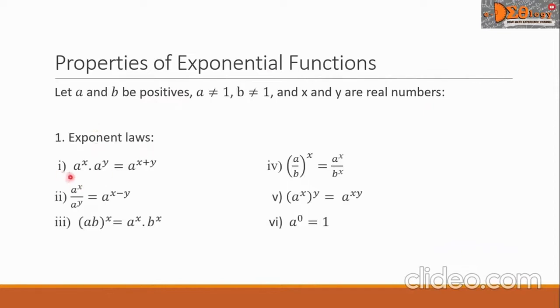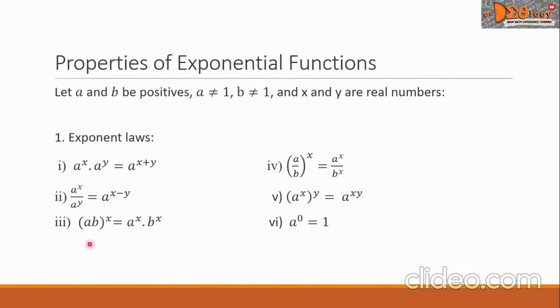Property number 1: a raised to x times a raised to y equals a raised to the sum of x and y. Exponent law number 2: a raised to x over a raised to y equals a raised to the difference x minus y.